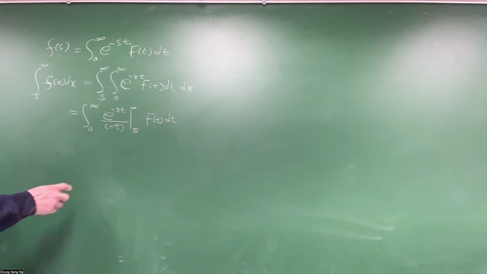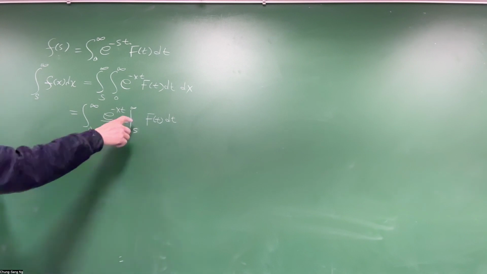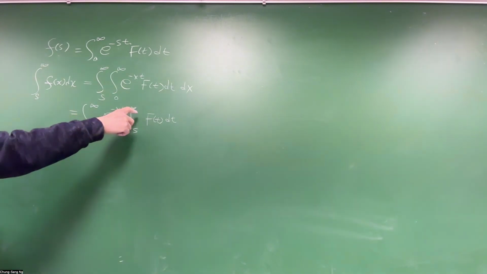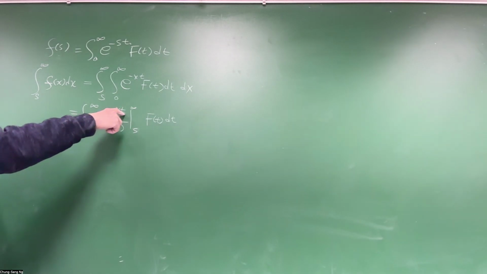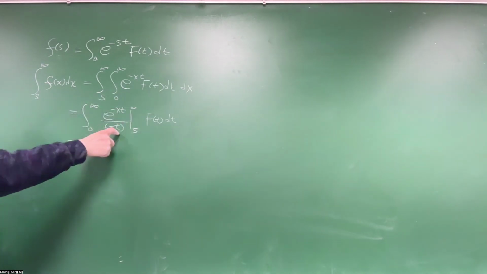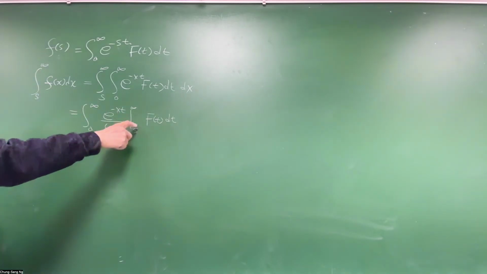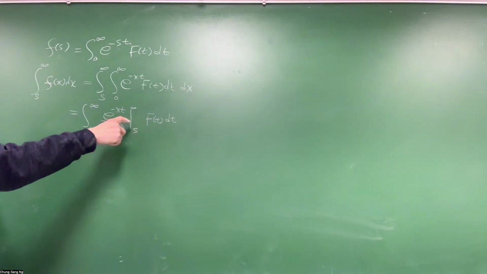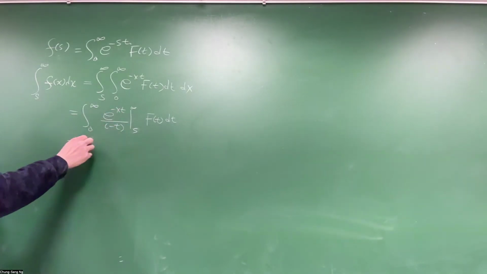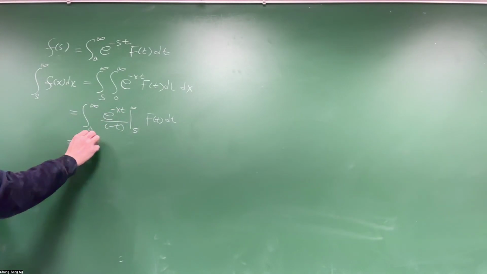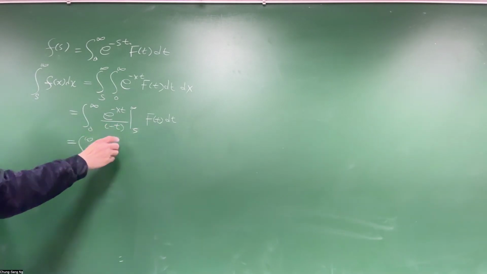Now at infinity, that exponential function will kill it, so the whole thing will be 0 at the upper limit. At the lower limit, x equals s, and since this is the lower limit, there's a negative sign.